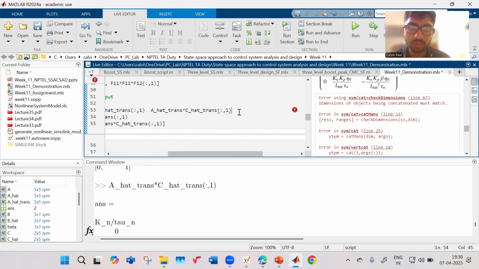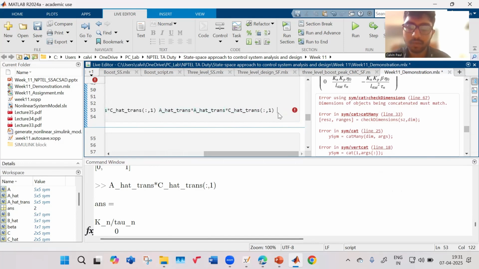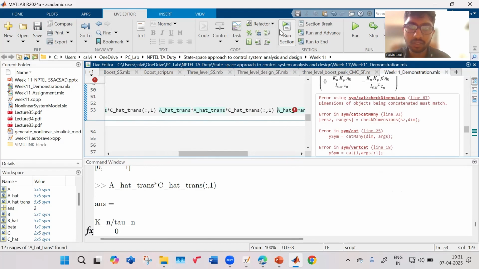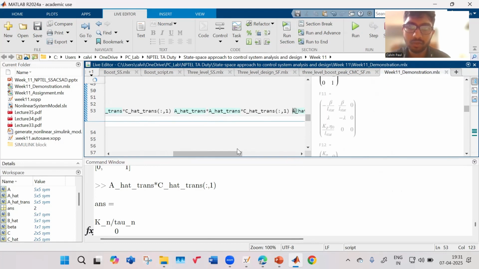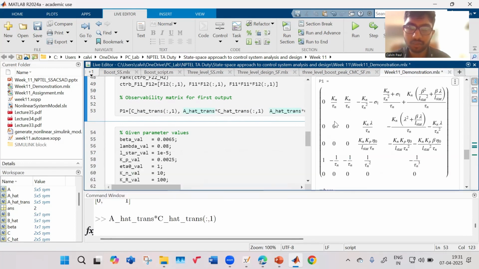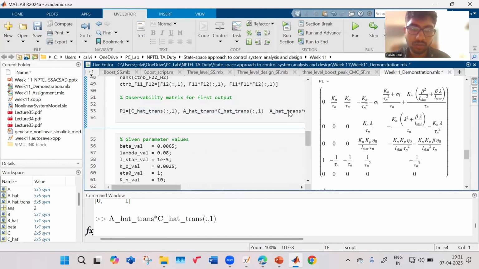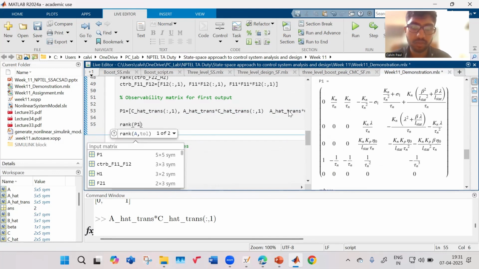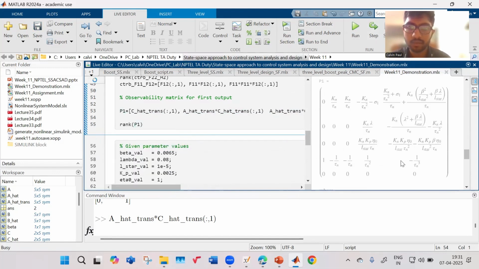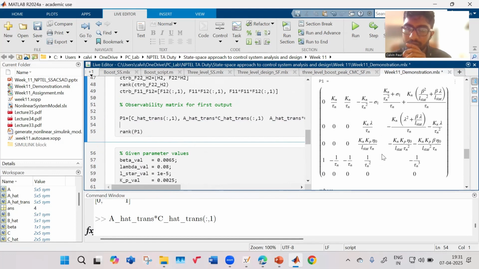We are writing a complex formula. Then section one. The P1 matrix is coming out over here like this. The rank of P1, if we run it, will be less than 5. The rank of P1 comes out to be 4.